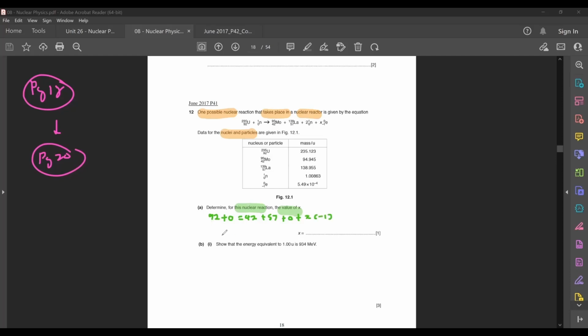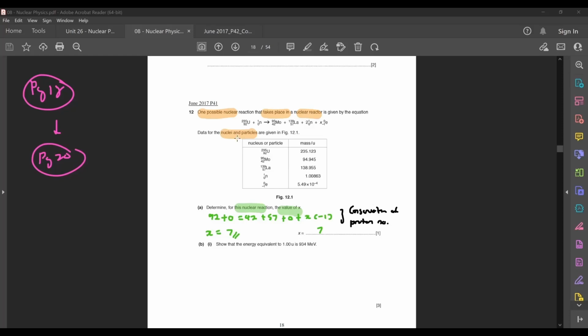Okay, so you try to solve this. x is therefore going to be 7. You get the answer as 7. This is you applying conservation of proton number. So this is just worth 1 mark.